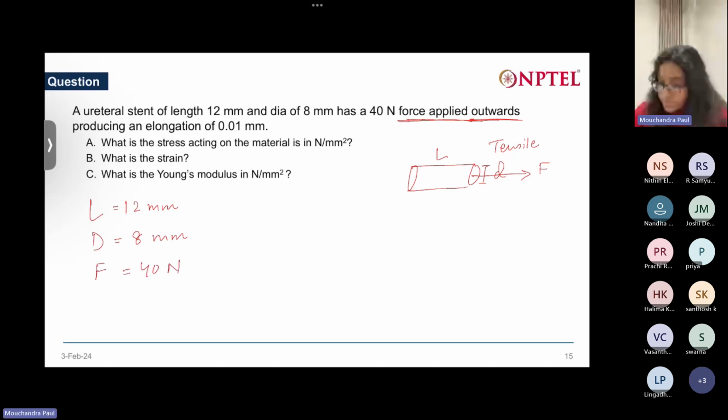As a result of this, the stent has gained a net elongation of 0.01 mm. Now you have to calculate, based on these given values, the value of stress, strain, and Young's modulus.